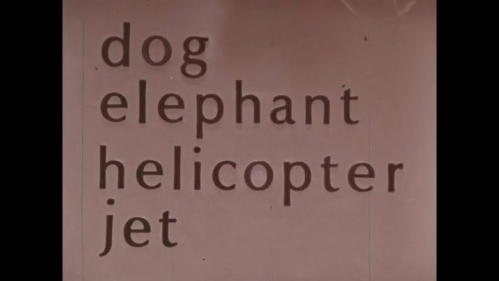The top one, that's right. Even if you couldn't recognize the word helicopter, you probably guessed that it was longer than jet. Words that look very different, like helicopter and jet, and dog and elephant, are easy to tell apart because they look so different.